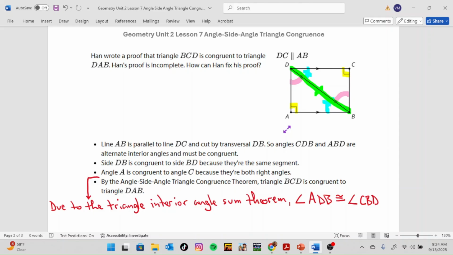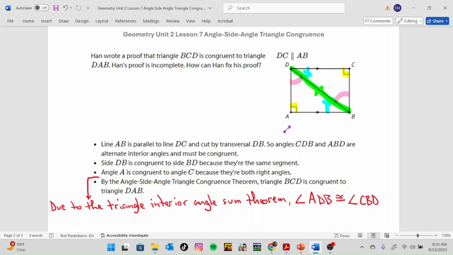Now, the next statement is correct. By the angle-side-angle triangle congruence theorem, triangle BCD is congruent to triangle DAB because now the side that we have proven congruent has the angles on each end of that side proven to be congruent.